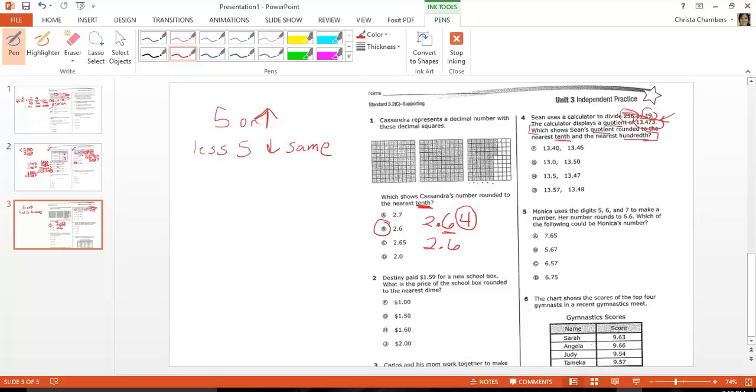So this is actually extra information, and we're going to round that 13 and 473 thousandths to the nearest tenth first, but then they also want us to round it to the nearest hundredth. Okay, so we're going to underline the tenths place, circle the one beside it, and that 7 is bigger than 5, so it bumps that 4 up to a 5.